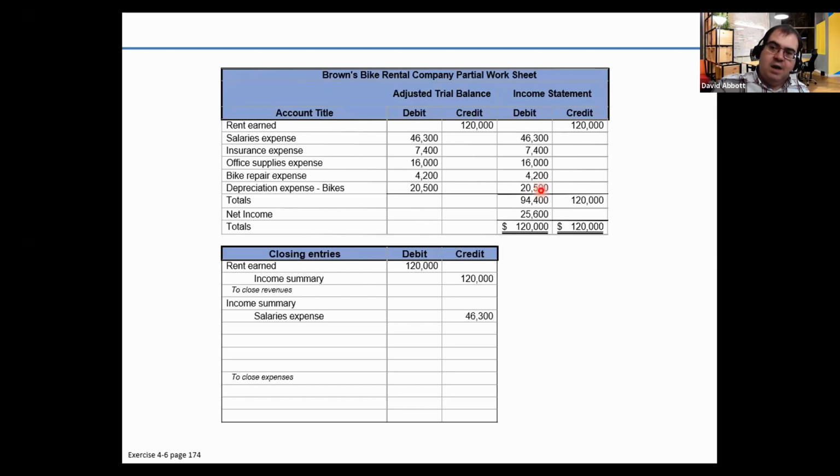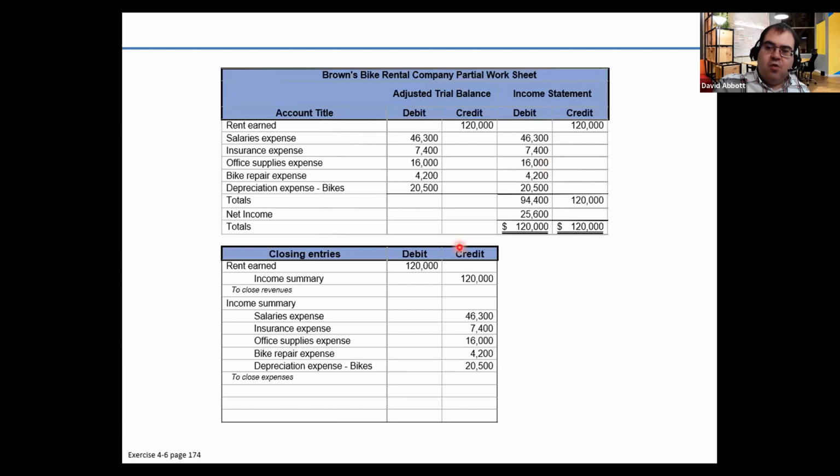And then we just list the other expenses, which would all be credits, because again, you're doing the opposite of what they did to close it out. So you have salaries expense, $46,300, insurance expense, $7,400, office supplies expense of $16,000, bike repair expenses of $4,200, and the depreciation expense on the bikes of $20,500.